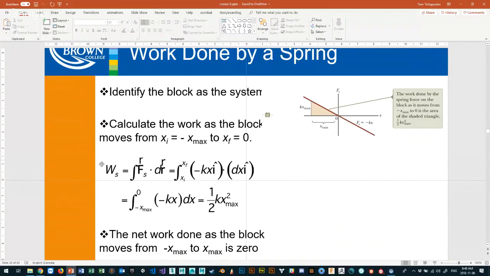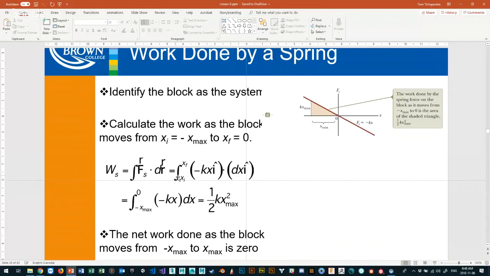We can say the work done on a spring is the integral of the force of a spring times the change in displacement, right? That's the integration. Once we have this, it's an integral from x initial, the initial position, to the final position, of negative kx times the change of x, which is the displacement.